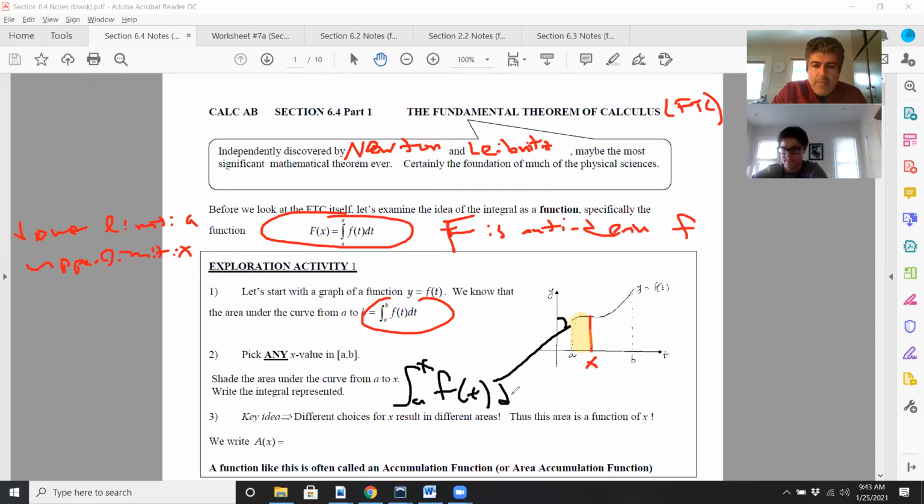And by the way, I'm using t instead of x here, because it can get very confusing when the upper limit has the same letter as the expression itself. And again, remember, these are dummy variables inside of the integral, dt, dx, du, whatever. So it doesn't really matter. And that should, by the way, be a t, not x. My apologies. Let me erase that. Those should be t's.